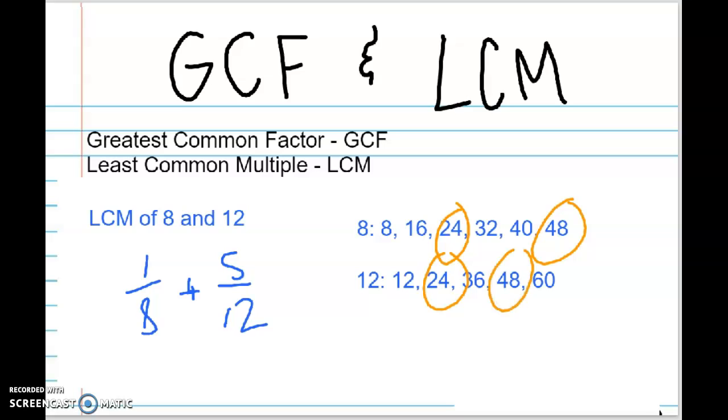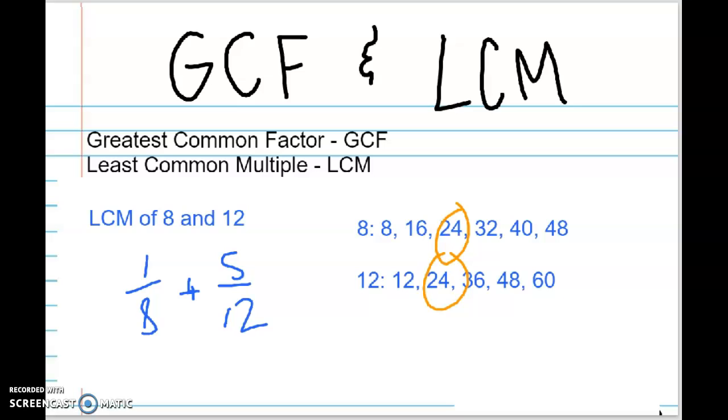So both of these would work as denominators for our fractions, but let's remember what the actual term is called. It's called least common multiple, least. So we want to find the one that's smaller. We want to find the least common multiple. So that would be the 24. We don't want to use the 48. Why go big for no reason? We want to use the 24.